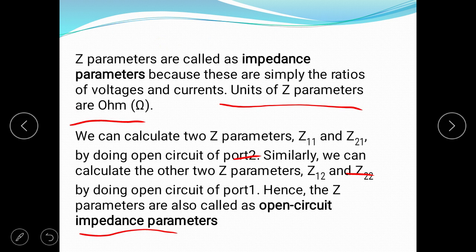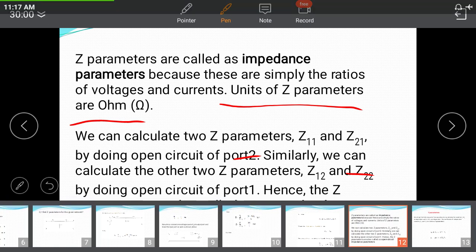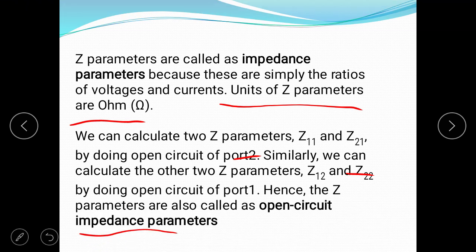So in this class we have studied the two-port network and its Z parameters. The parameters of a two-port network can be obtained by open circuiting.